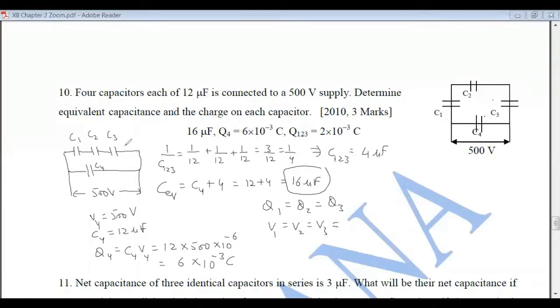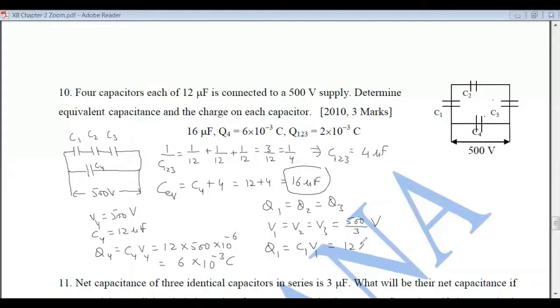This total series combination is getting a potential of 500 volt. So each one will get a potential difference of 500 divided by 3 volt. Why? Because each one is of the same capacitance and they are connected in series. So Q1 is equal to C1 into V1.